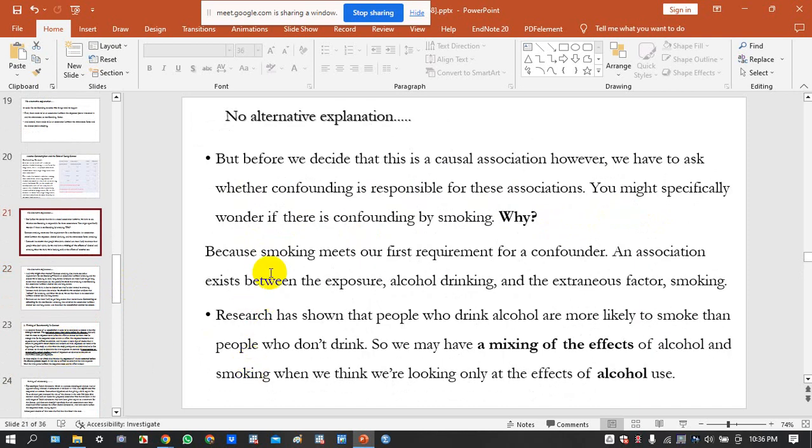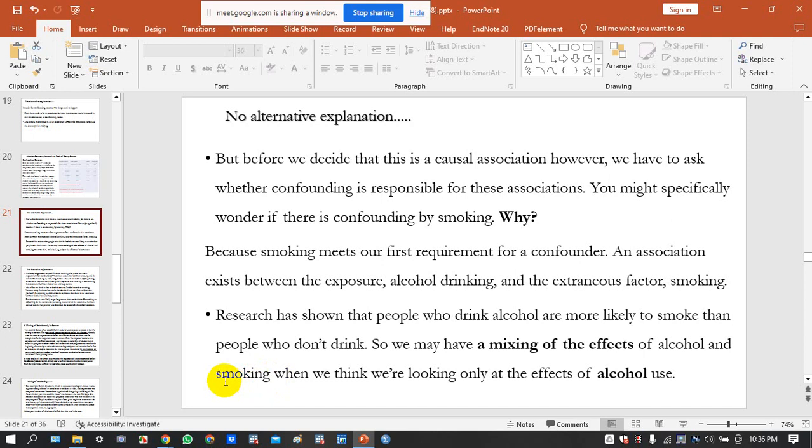Smoking meets our first requirement for a confounder: an association exists between the exposure, that is alcohol drinking, and the extraneous factor, that is smoking. Research has shown that people who drink alcohol are more likely to smoke than people who don't drink. So we may have a mixing of the effects of alcohol and smoking. So we say that smoking is the confounder.